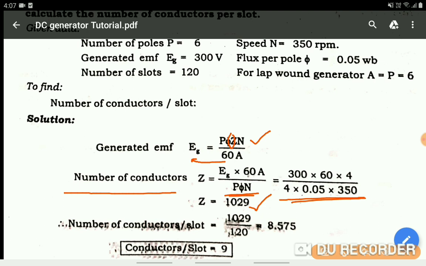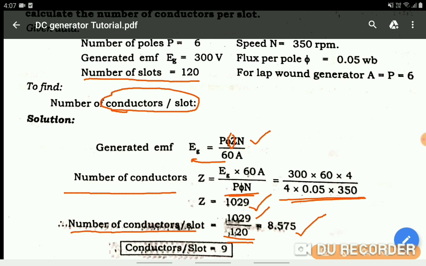But what is asked in the question? Number of conductors per slot. So the total number of conductors is equal to 1029. How many slots? 120. So per slot we need to divide it by 120. What we got is 8.575.